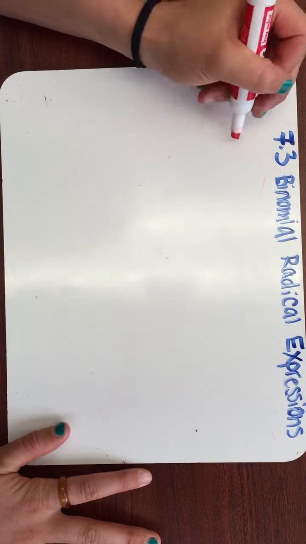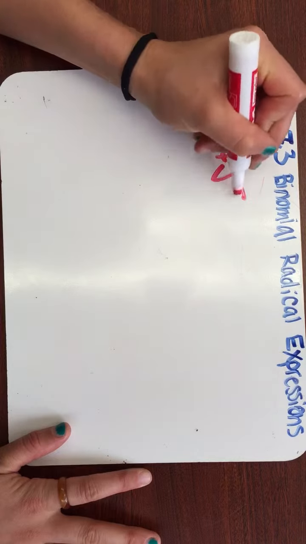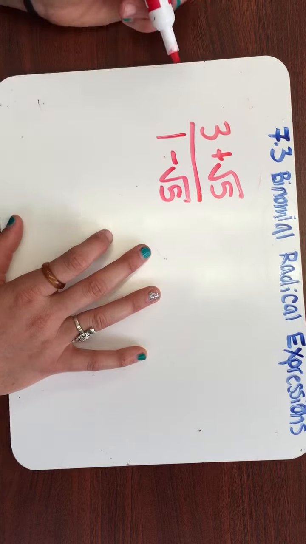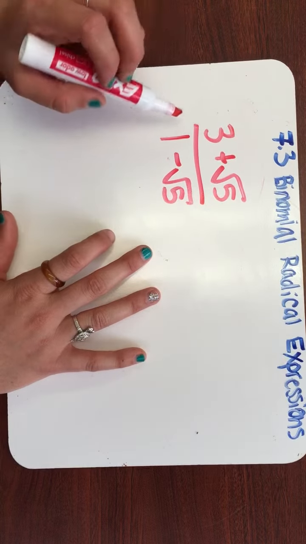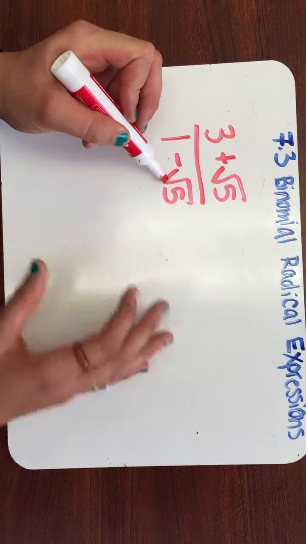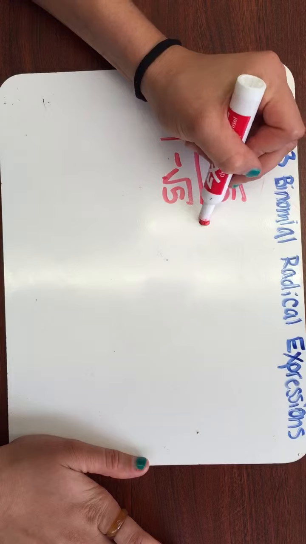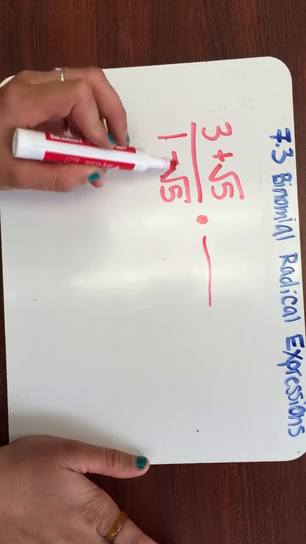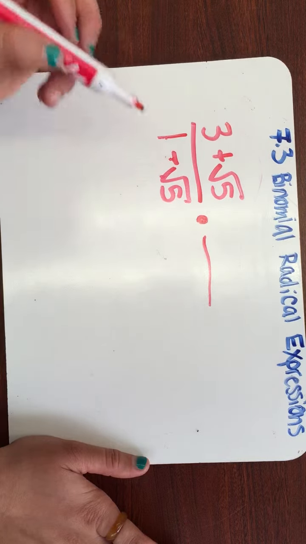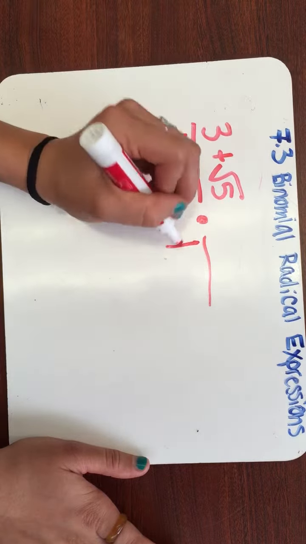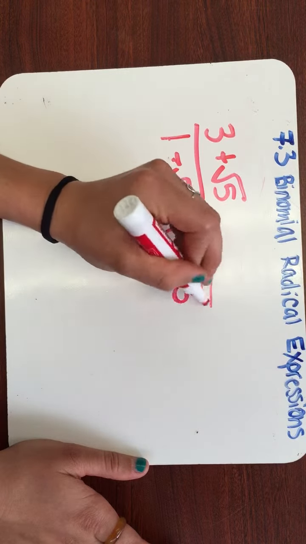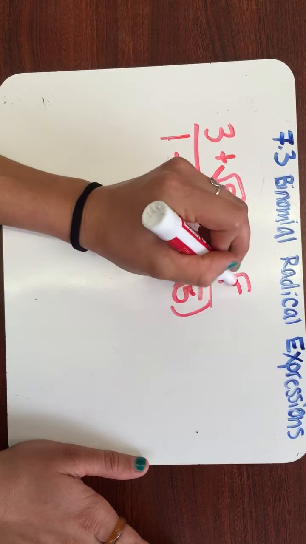For example, if we have 3 plus the square root of 5, and we're dividing that by 1 minus the square root of 5, in order to rationalize binomial radical denominators such as this, I want to get rid of the square root in the denominator, which means I'm going to multiply by the conjugate of the denominator. And the conjugate only changes the sign of the second term. So we're going to multiply the top and bottom by 1 plus the square root of 5.